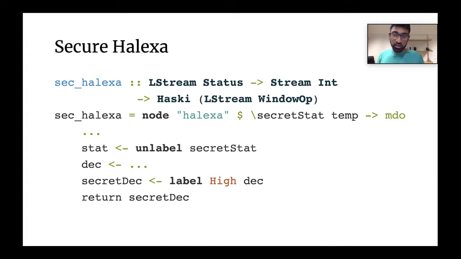Like I said, unlabel raises the requirements of the computation, and label essentially labels it back. And the interesting thing here is if the programmer, for example, tries to label the decision public while the status of the user is secret, the Haski compiler is going to complain, hey, that's not okay, and compilation is going to fail.